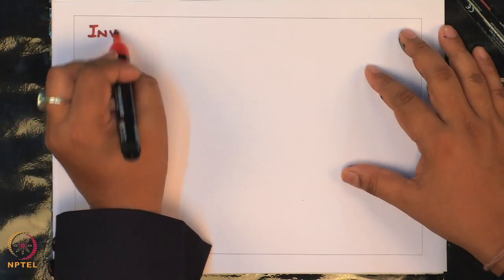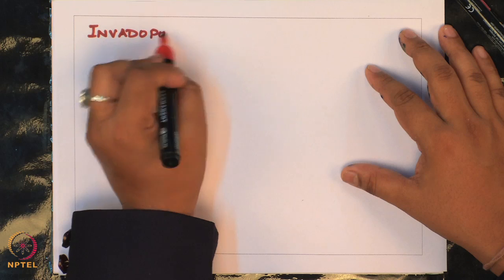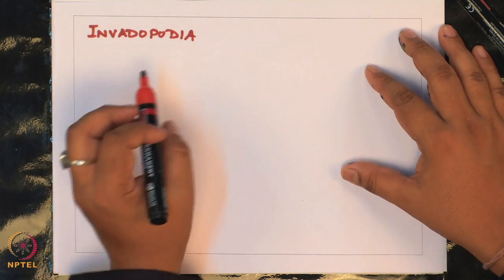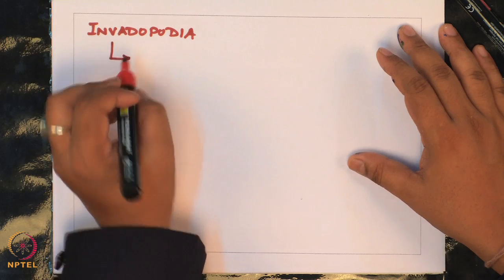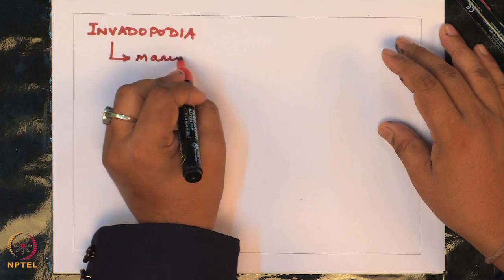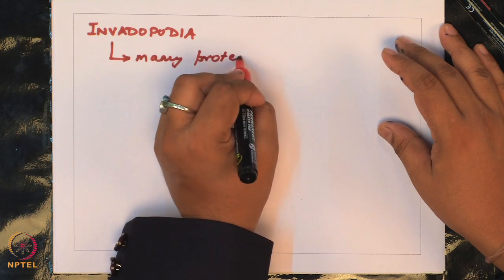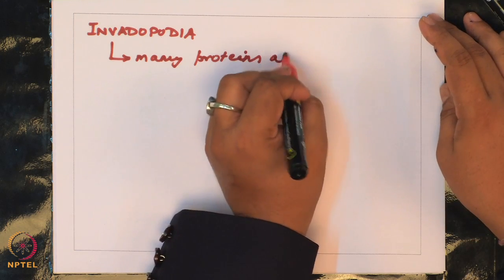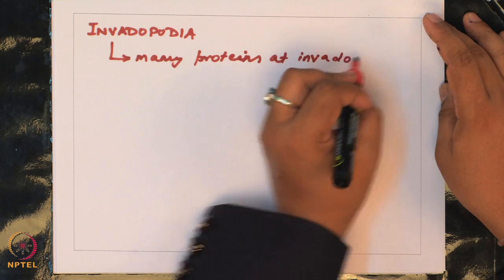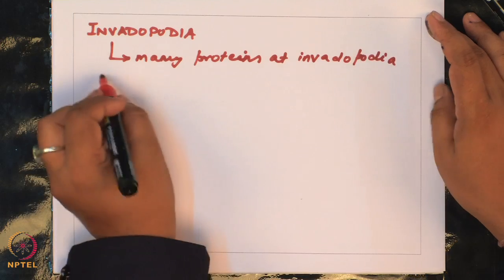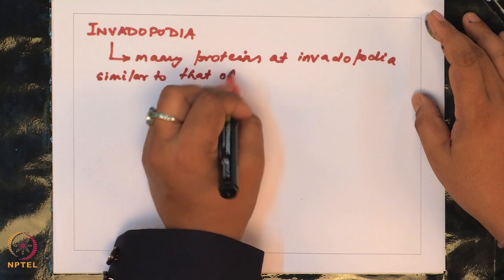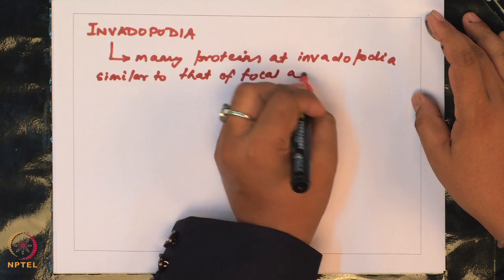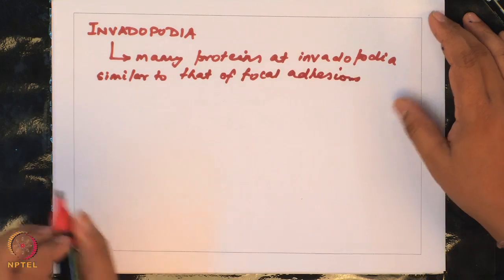Okay. So, one case of pushing forces might be in the structures of invadopodia. It is not necessarily a focal adhesion structure, but invadopodia contains many proteins similar to that of focal adhesions.